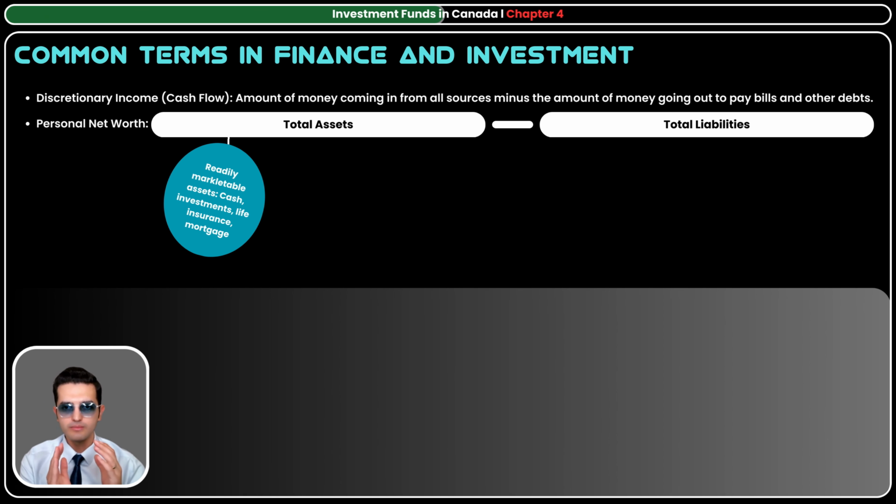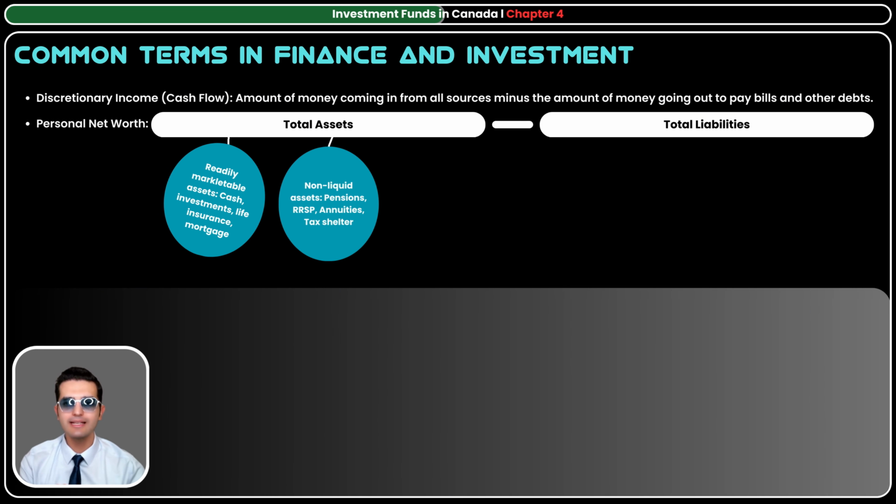Okay? So readily marketable assets is asset type number 1. Asset type number 2, non-liquid assets. Like what? Like pensions, like RRSP, like annuities, like tax shelters. These take time. You can't just access them right away today. Okay? So these are called non-liquid assets.